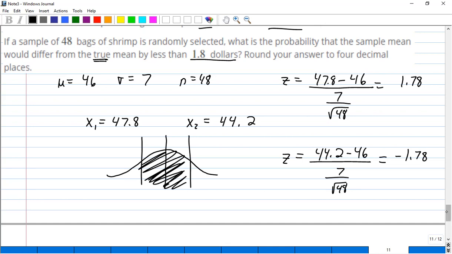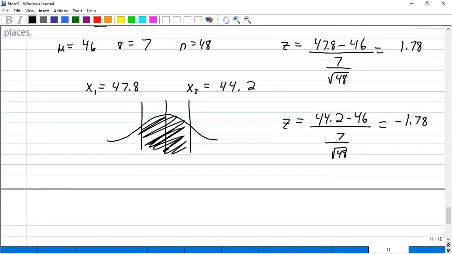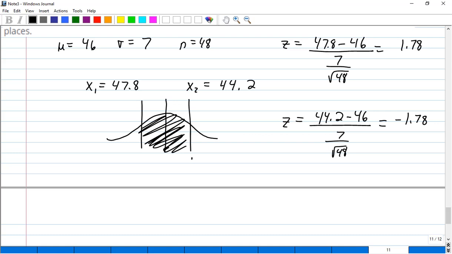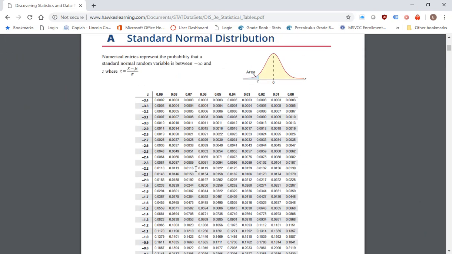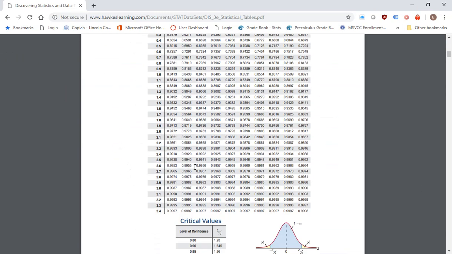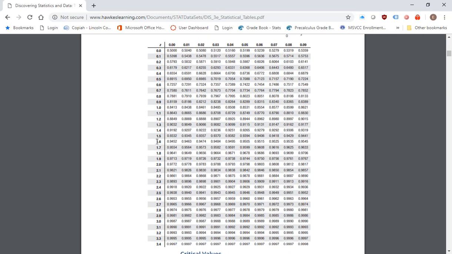So to find the area between the two, remember we need to find the area of the one furthest to the right and subtract the area of the one furthest to the left. So let's go to our table, and we're going to look up, it doesn't matter which one we look up first, but let's look up 1.78.